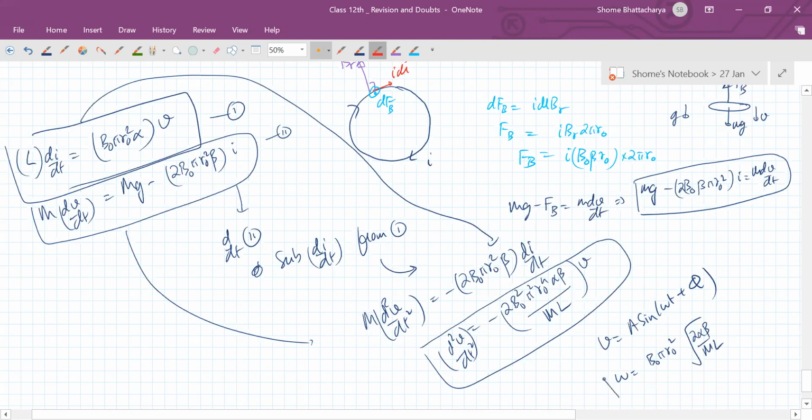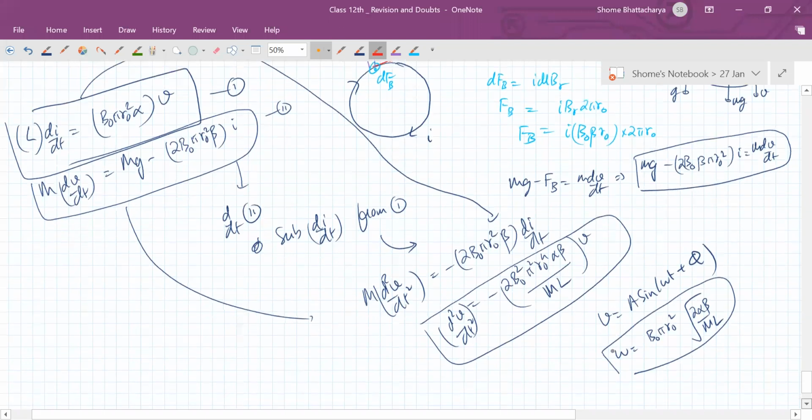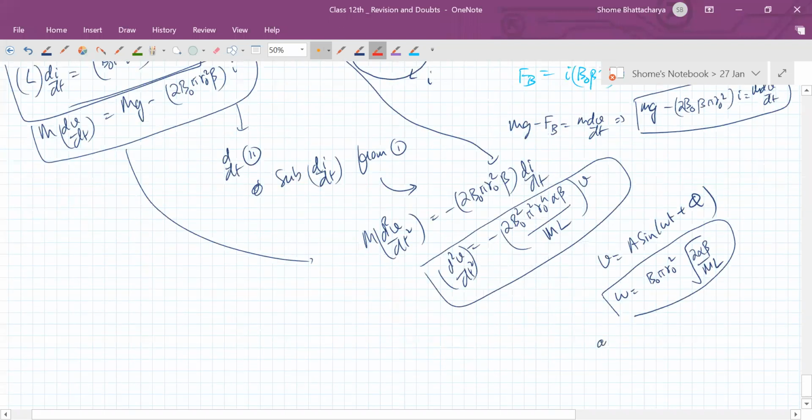Okay. And at t equal to 0, your v was 0. Started from rest. So that means sine phi should be 0. So mostly we'll take phi as 0 instead of pi, since the acceleration was positive in the downward direction.